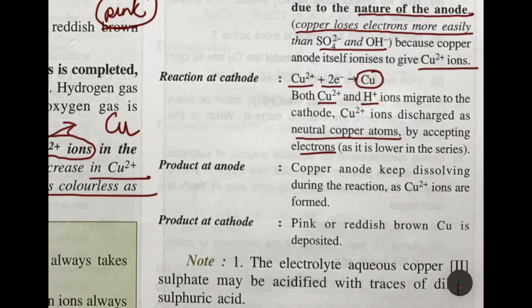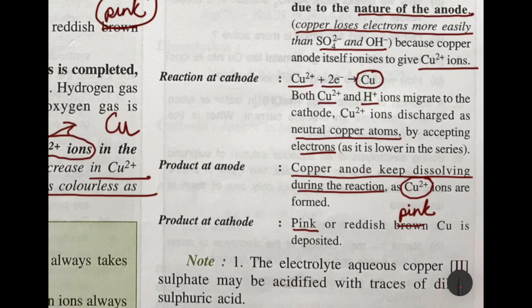So what product do you get at the anode? You see that the copper anode will keep on dissolving during the reaction because copper ions are formed, and the product at the cathode is pink or reddish pink copper deposited.